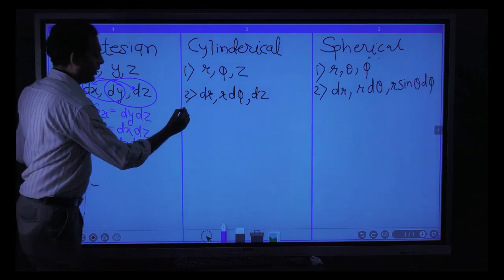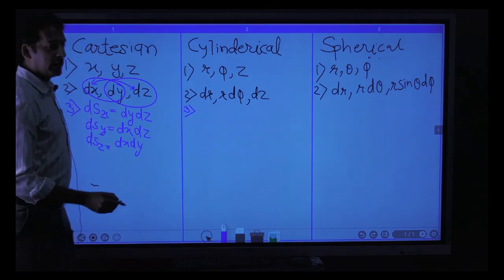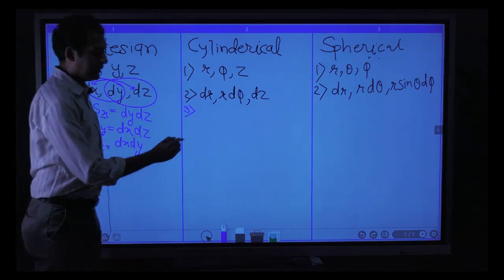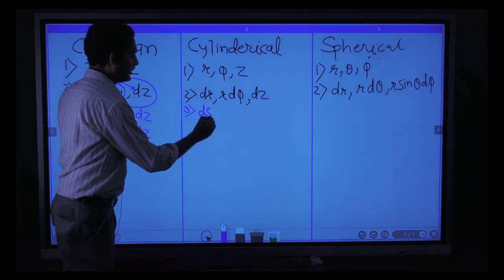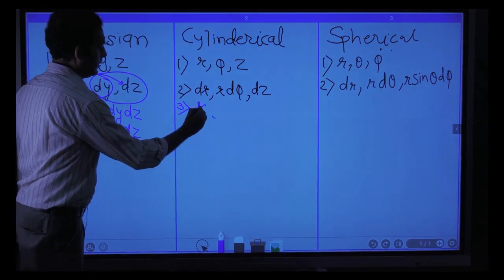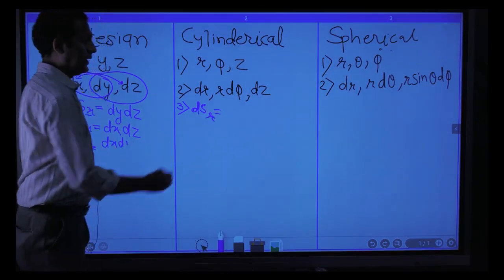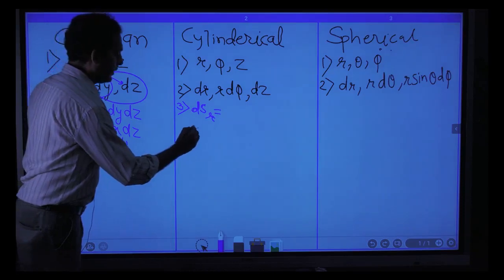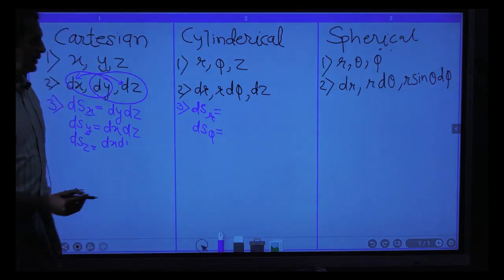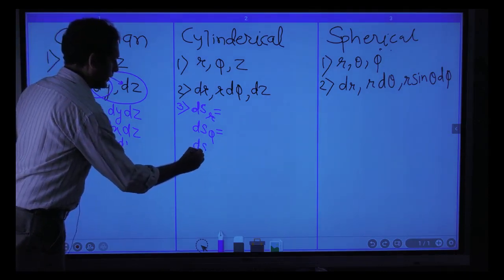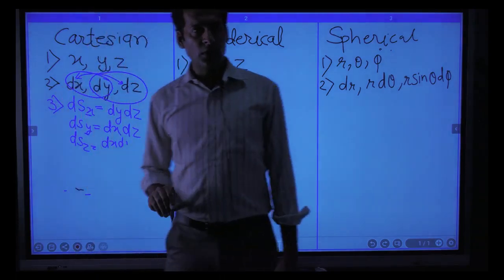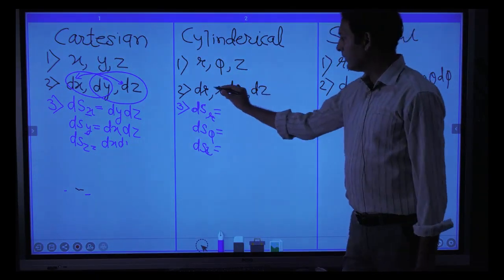Similarly, for the cylindrical coordinate system, we will write down the three differential surfaces. First one is dsr, where radius is constant. Second one ds phi, where phi is constant. Third one is dsz, where z is constant. With the same logic we will remember these things.